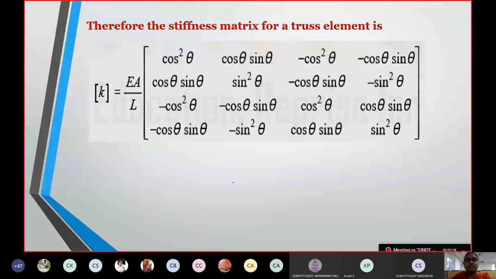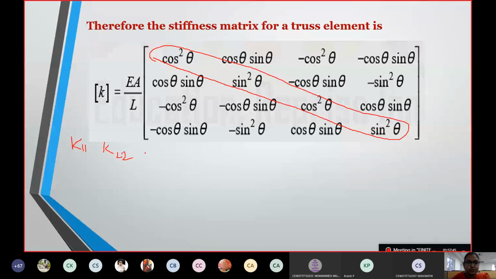All right. So the thing we need to note down here is, if you remember what a stiffness matrix is, all the diagonal elements will always be positive. What are the diagonal elements we have? K11, K22, K33 and K44 or so on.